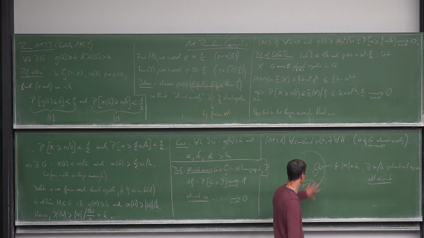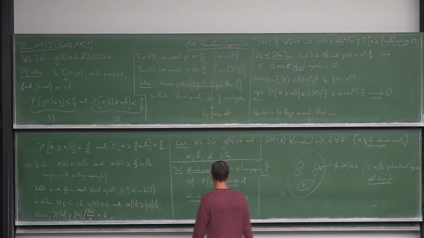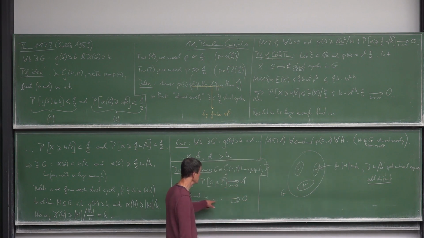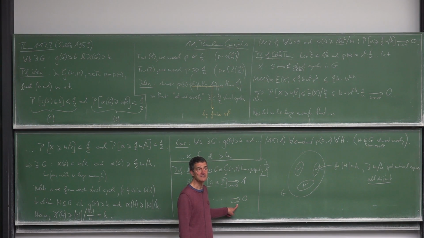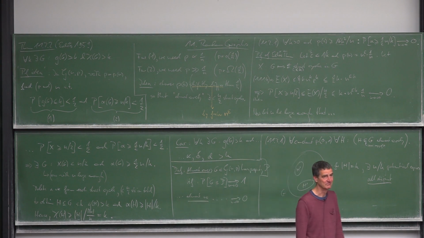So the probability that all these potential copies fail goes to 0 as n goes to infinity. So almost no graph has the property that H fails to be in it. So almost every graph contains H. Yeah, it's a bit of a cheat.